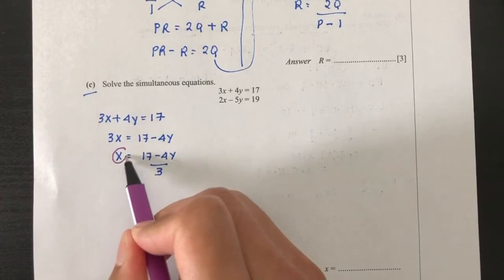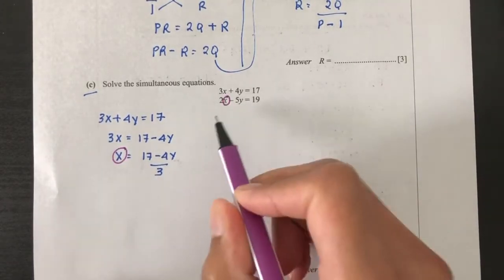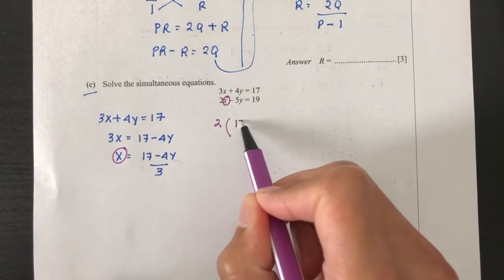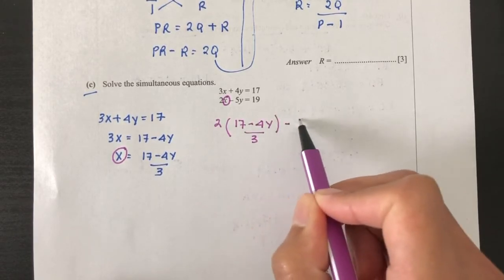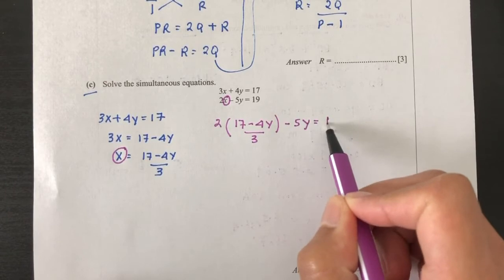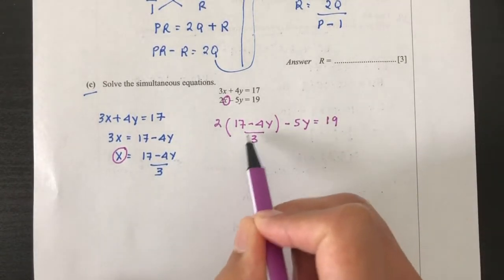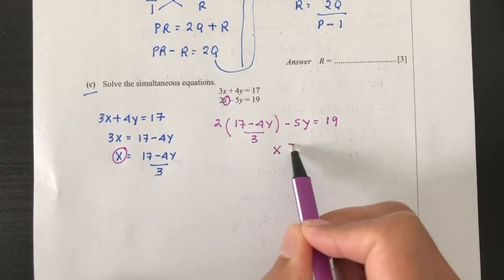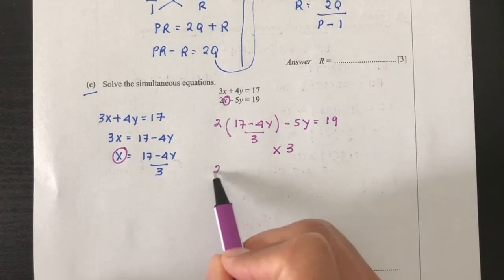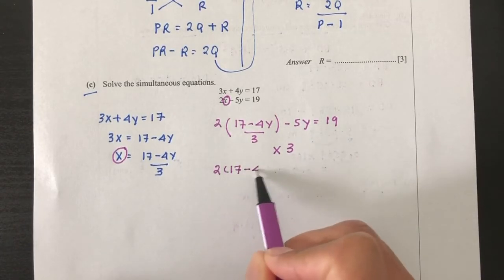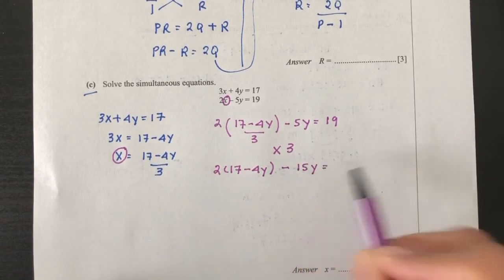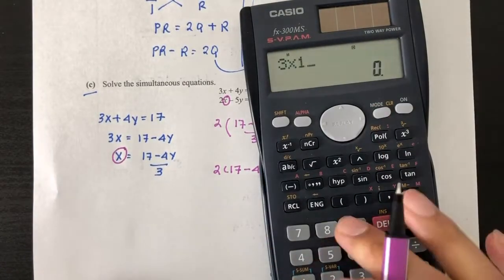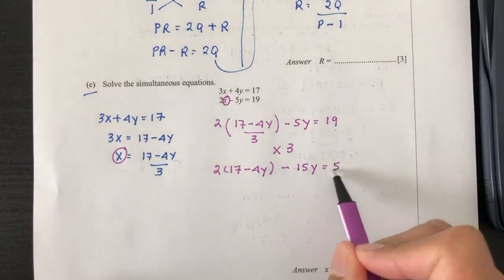Now we have to replace the value of x here into the other equation. You will have 2 times (17 minus 4y divided by 3) minus 5y equal to 19. Now to get rid of this 3, we have to multiply by 3 everywhere. You will have 2 times (17 minus 4y) minus 15y equal to 3 times 19, that will become 57.